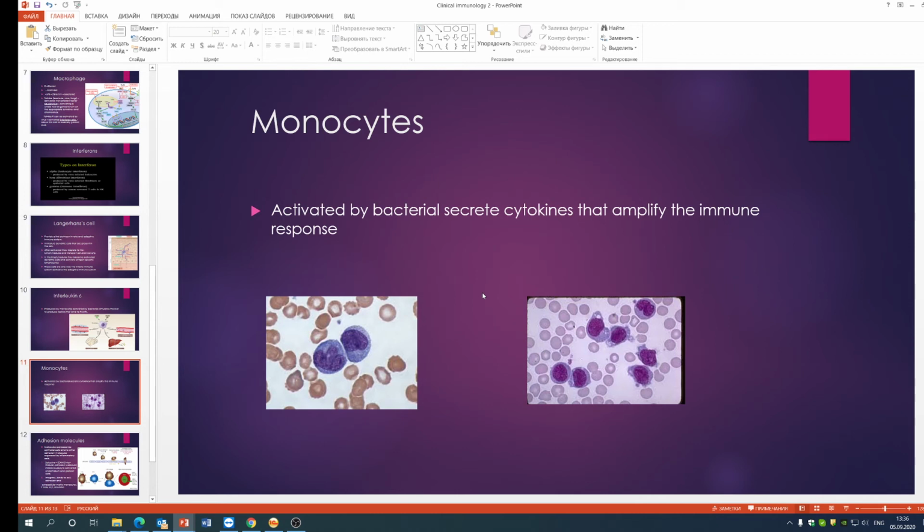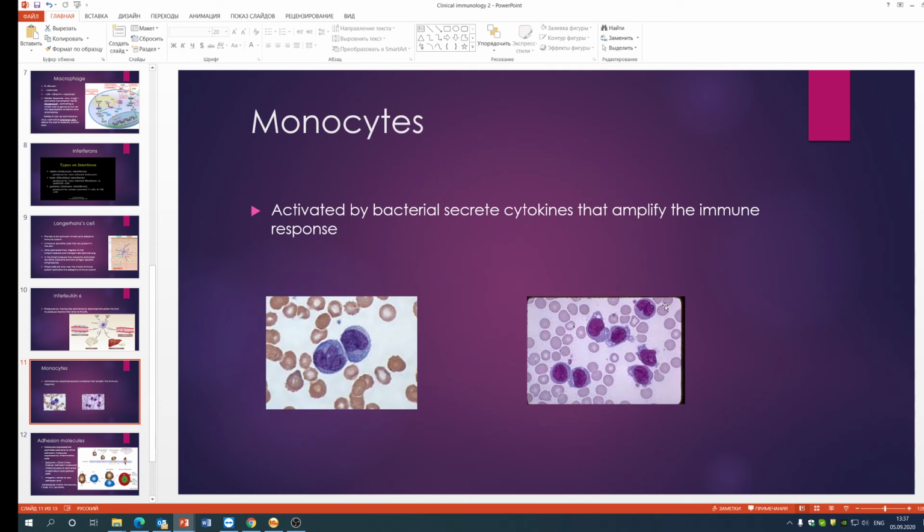As a result, we prescribe inhibitors of tumor necrosis factor, such as glucocorticoids and tumor necrosis factor antagonist monoclonal antibodies. This picture displays normal monocyte concentration in the bloodstream, up to 10%, and higher concentrations of monocytes.